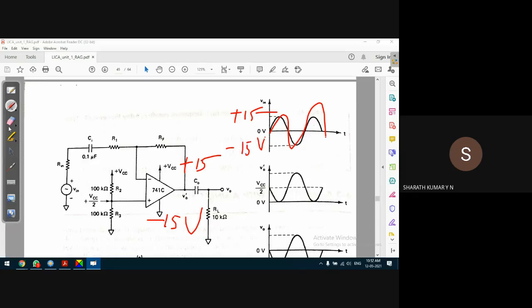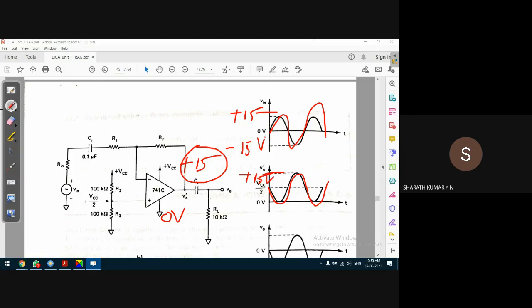Since it is only a single polarity supply, the output swing should be between 0 volts and plus 15 volts. It cannot exceed plus 15 volts.